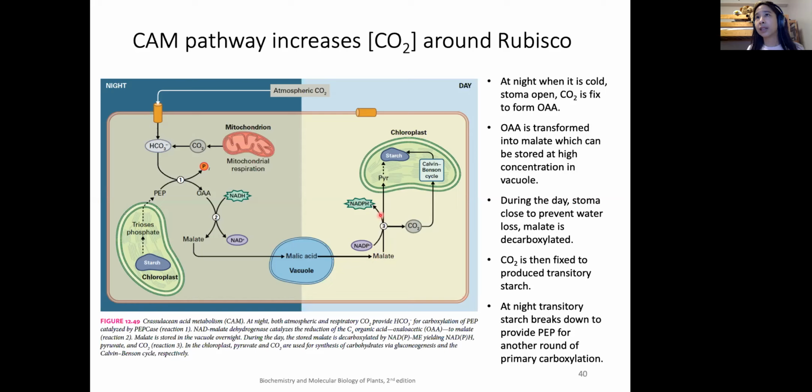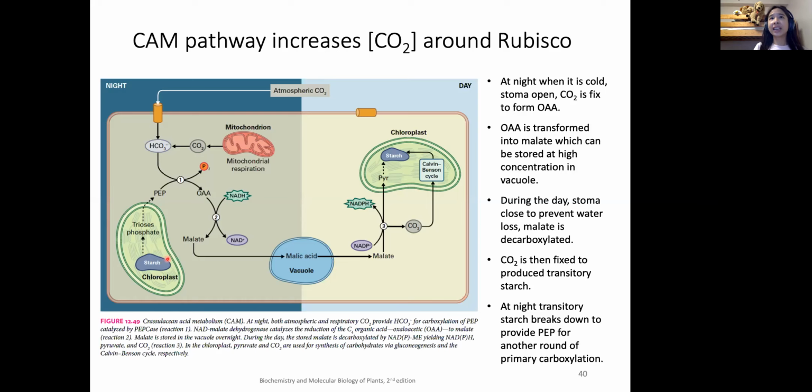It gives an electron to NADP plus and releases carbon dioxide for the Calvin-Benson cycle that will fix the carbon during the day to become glyceraldehyde 3-phosphate, and that glyceraldehyde 3-phosphate can be used to make 6-carbon glucose, and that glucose can be stored in the form of starch right here.